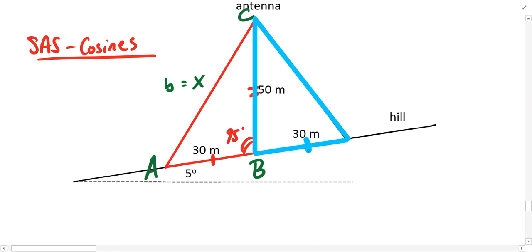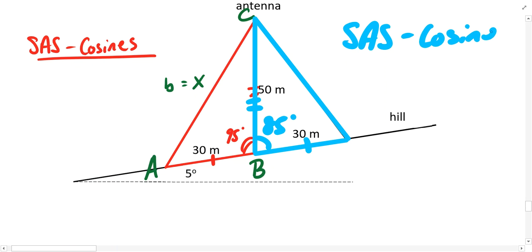Again, we have a side length here and here. The angle measure in between now can be found at 85 degrees because the sum of these two must be 100. Similarly, it's 5 degrees less than a 90-degree angle. And now that triangle can be solved as well. This is an SAS, law of cosines situation again.